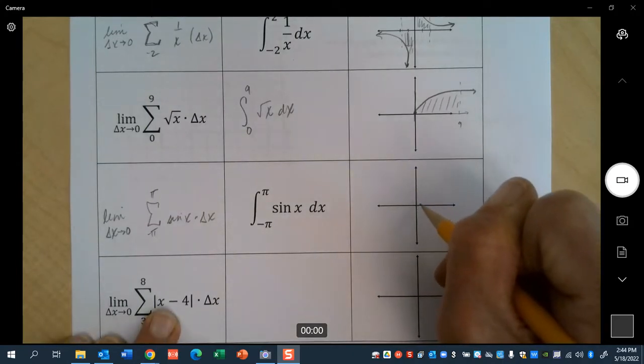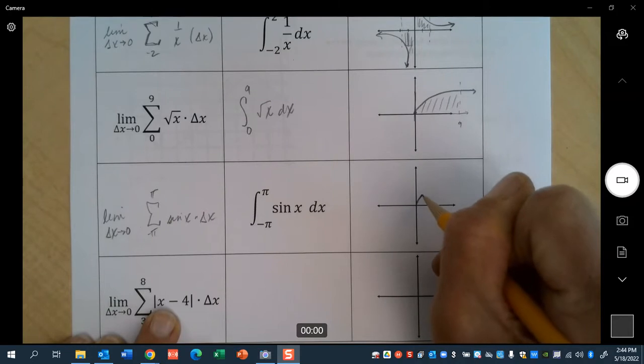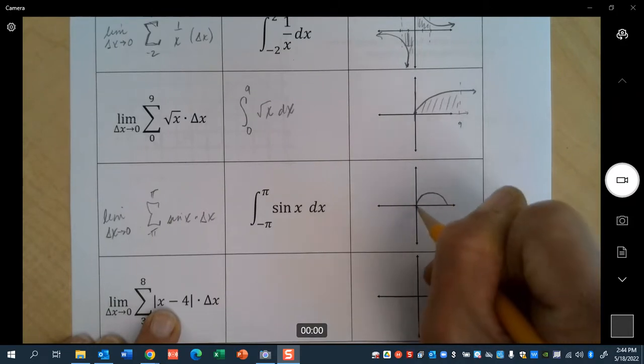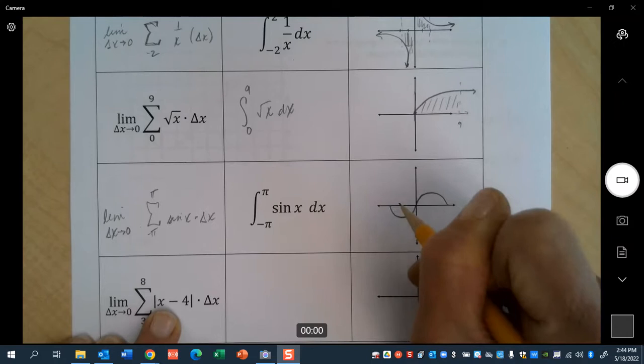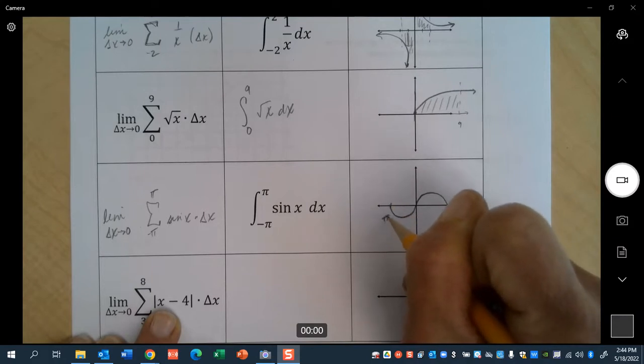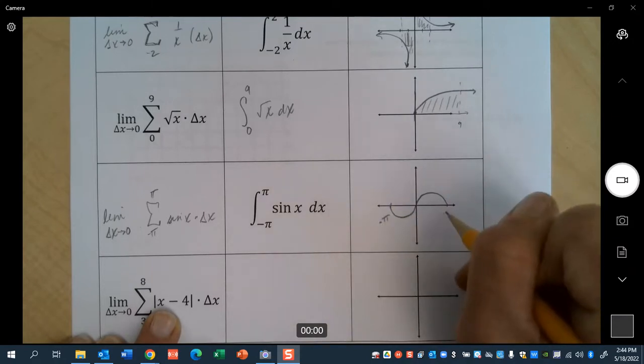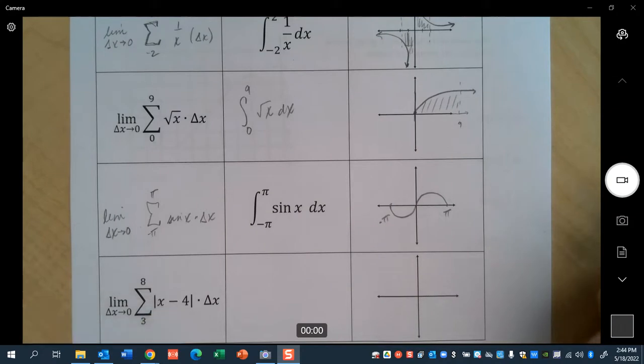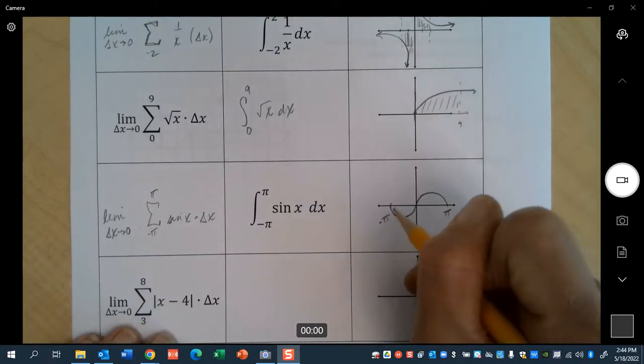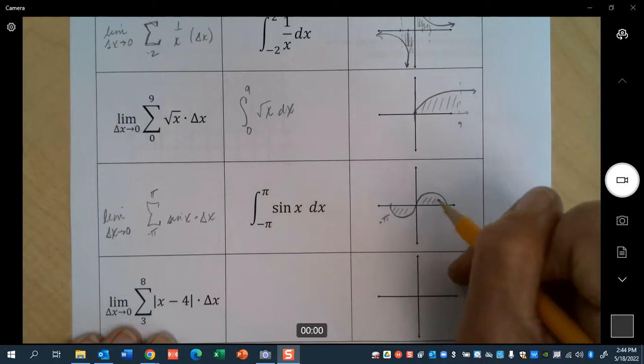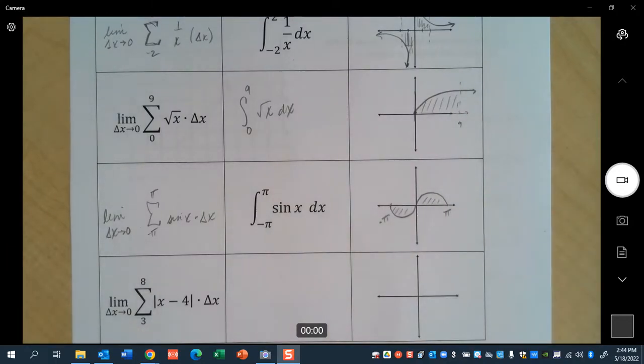My sine function from -pi to pi looks like that. Plus 2.